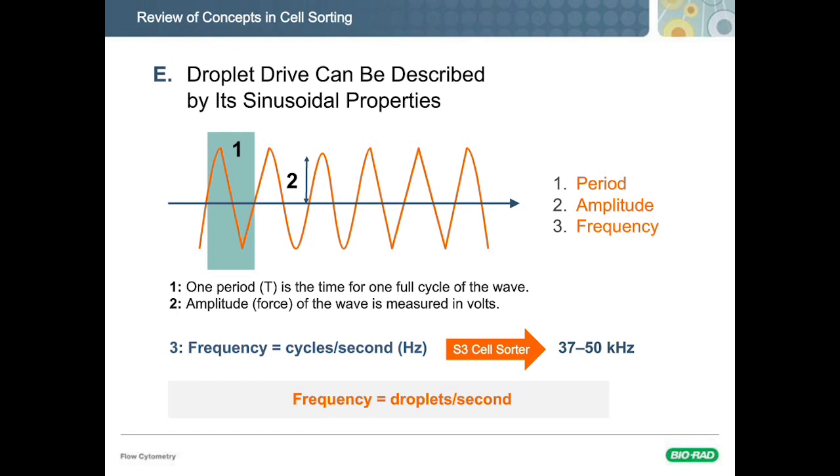The amplitude varies by nozzle, varies by temperature, but that is really what is driven and what is maintained, and later we talk a lot more about that. But in the end, the most important thing is the frequency. As it turns out on the S3 cell sorter, with the pressure, which gives us the velocity, and with the orifice size we end up running between 37 and 50 kilohertz. And the 37 to 43 kilohertz is really the typical range that we get into.